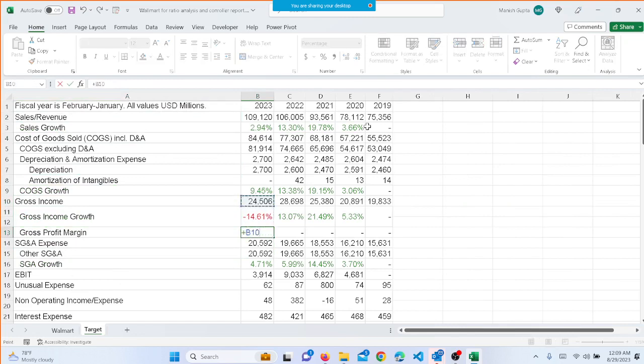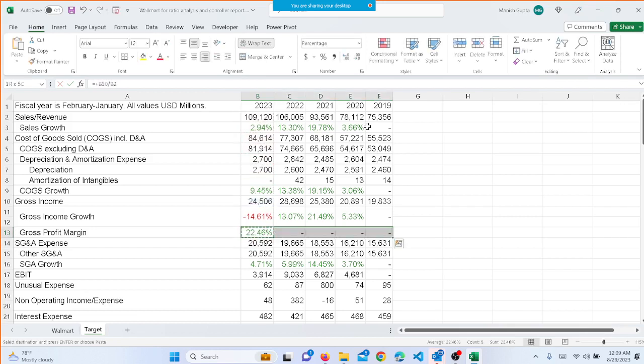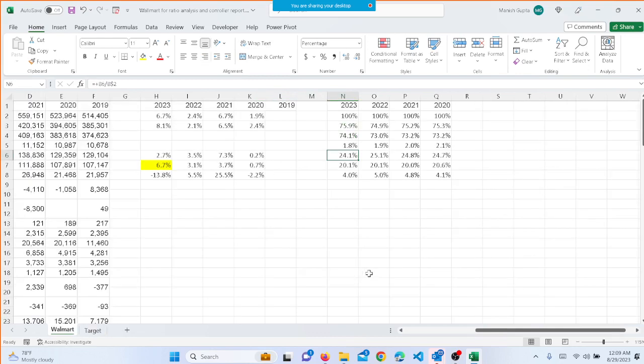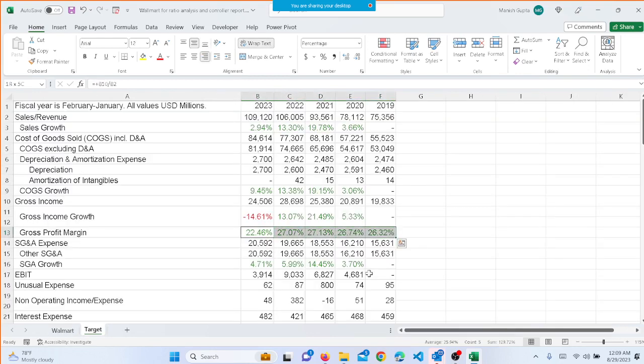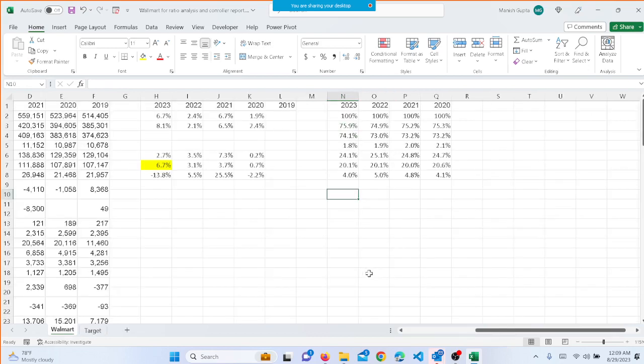The gross profit margin is 24% for Target, 22.6%, and over the previous years it was 27%, 27%, 26%, 26%. So when you are comparing in the previous years, Target was having better profitability compared to Walmart.